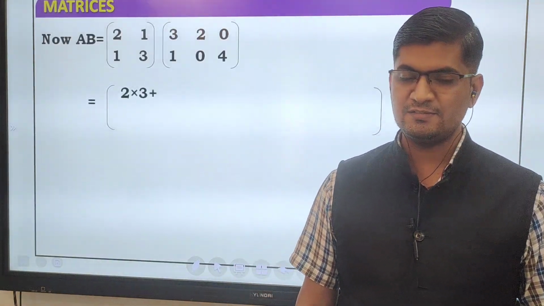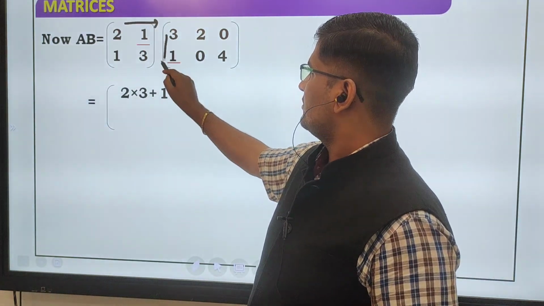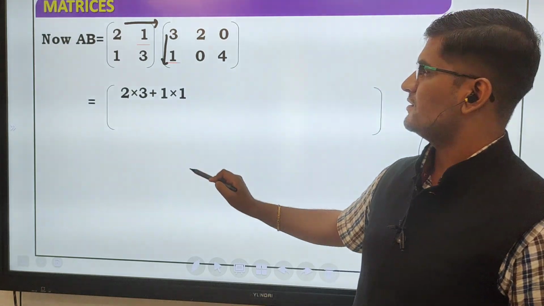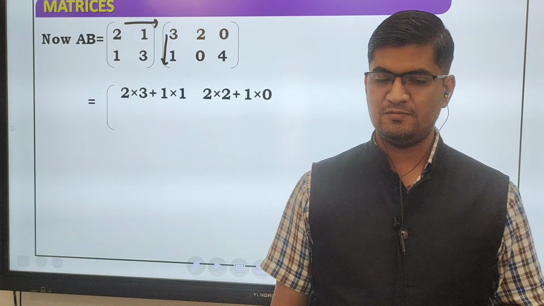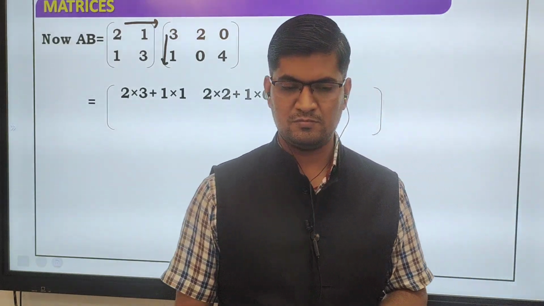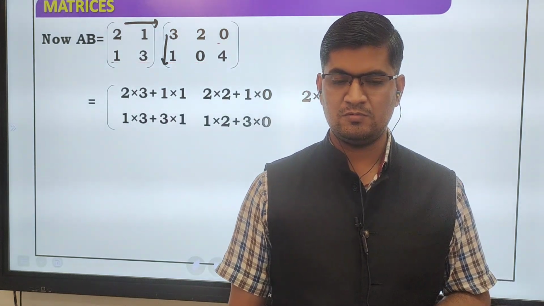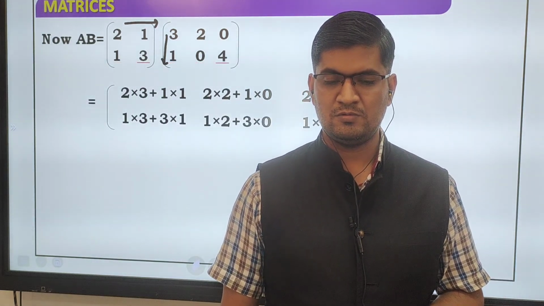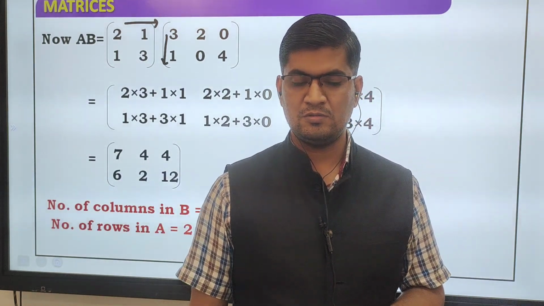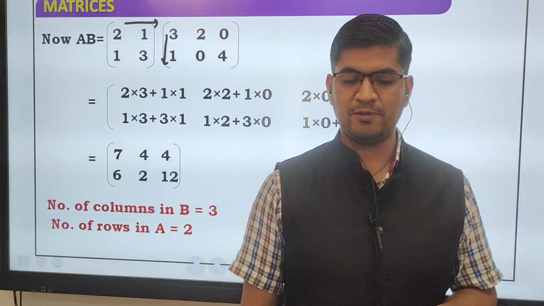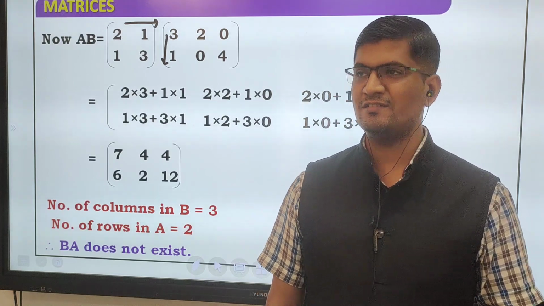Now AB is this, just multiply, yes or no, 1 into 1. So in the same way you can multiply. Number of columns in B is 3, number of rows in A is 2. Here BA does not exist.